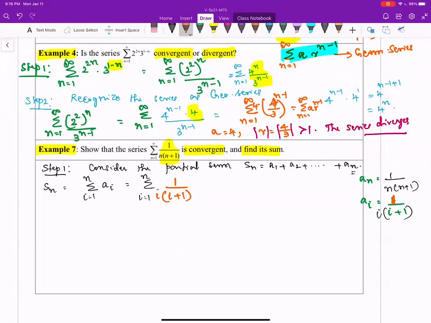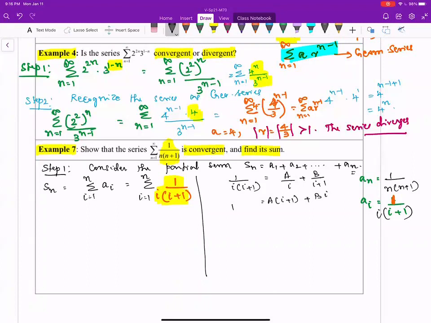Now this looks like a partial fraction, so we will focus only on this one here: 1 over i times i plus 1. If you write this as A over i plus B over i plus 1, then you resolve into partial fractions: A times (i plus 1) plus B times i, which is equal to 1.